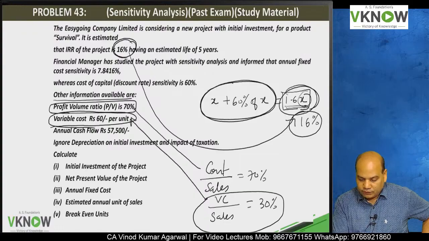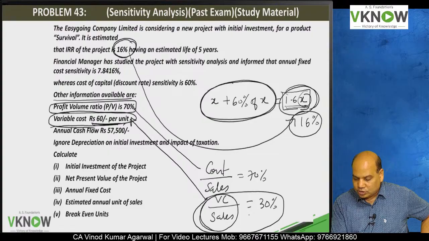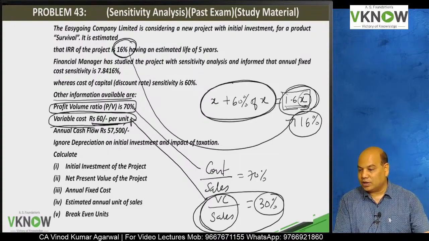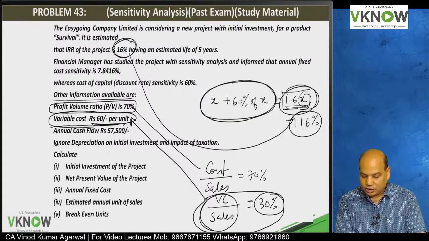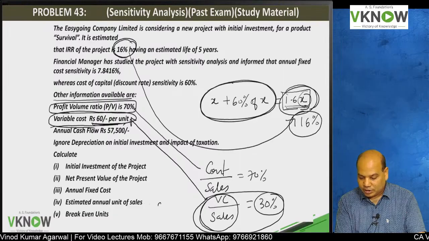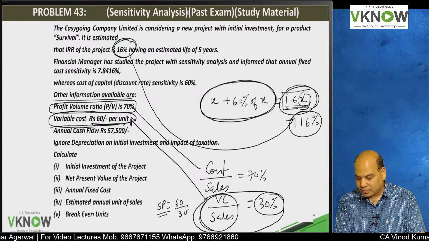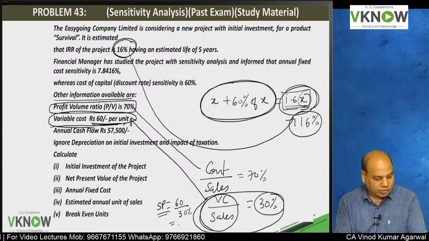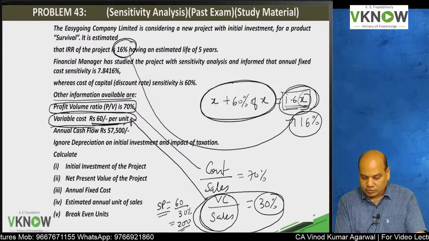Now tell me, if variable cost is 60 rupees and variable cost to sales ratio is 30%, can you not find out the selling price? What will be the selling price? 60 divided by 30%. The selling price will be 200 rupees. Very good. Selling price will be 200.